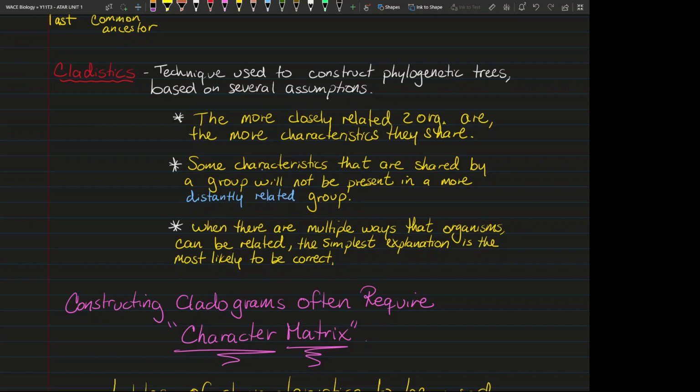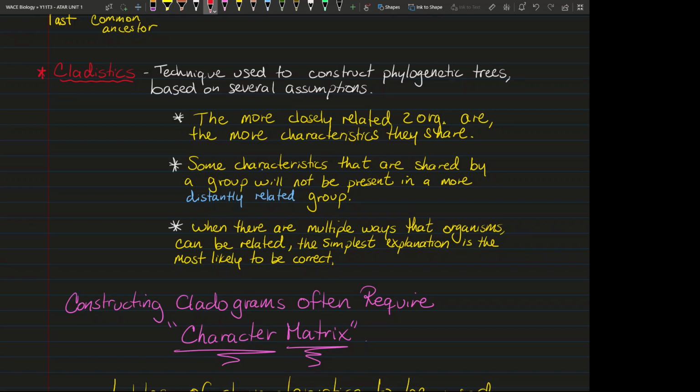Okay, so when you make phylogenetic trees based on these kinds of statements, they're referred to as cladograms, right? And you're using this assumption tool of cladistics, right?